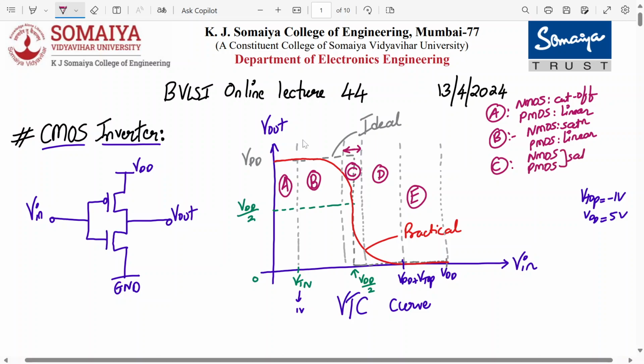In region D, my NMOS is in linear mode of operation now, and my PMOS goes to saturation. In region E, PMOS is off, in cutoff, and NMOS remains in the linear region. So these are the different regions of operation, divided into five intervals: A, B, C, D, E. From here on we'll continue further with the circuit analysis.